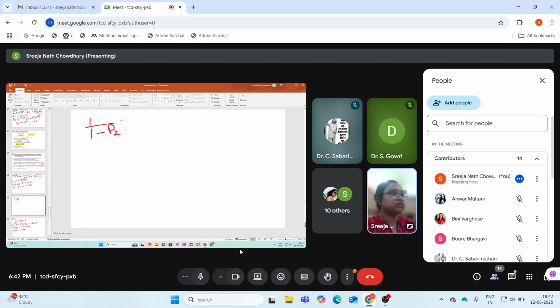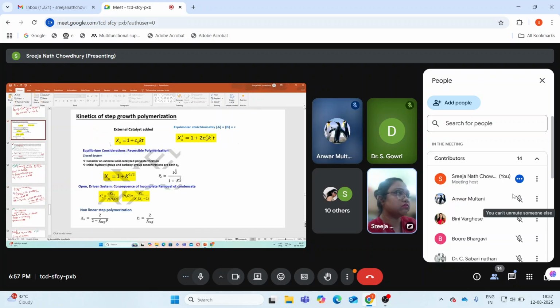Closed system and equimolar stoichiometry, that is this. It is also equimolar stoichiometry, but it is external catalysis. It is not a closed system. Okay, so we use this formula, and the end of reaction, that is P, which we have to calculate.